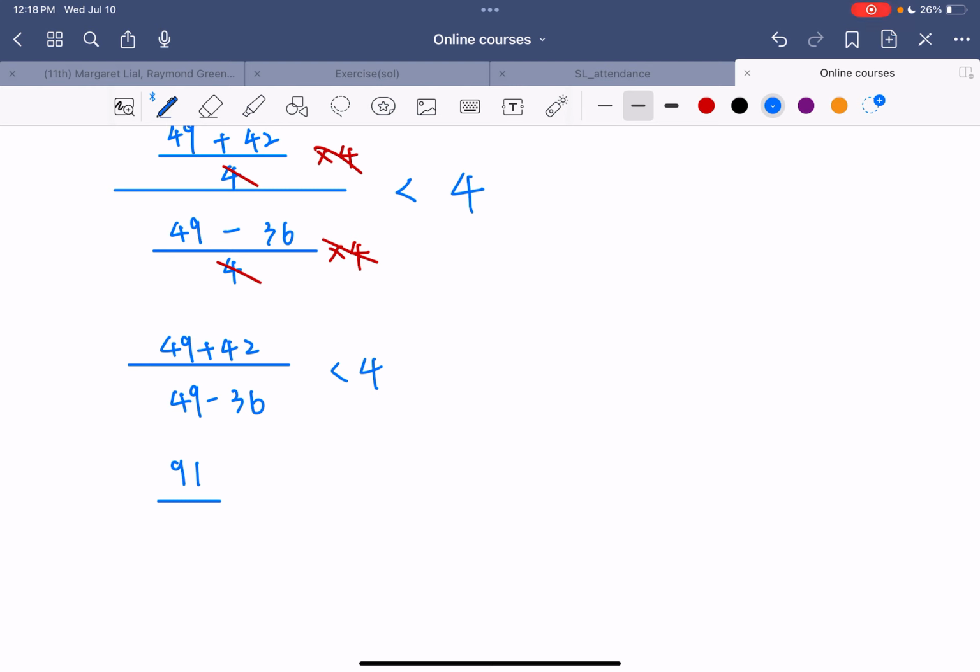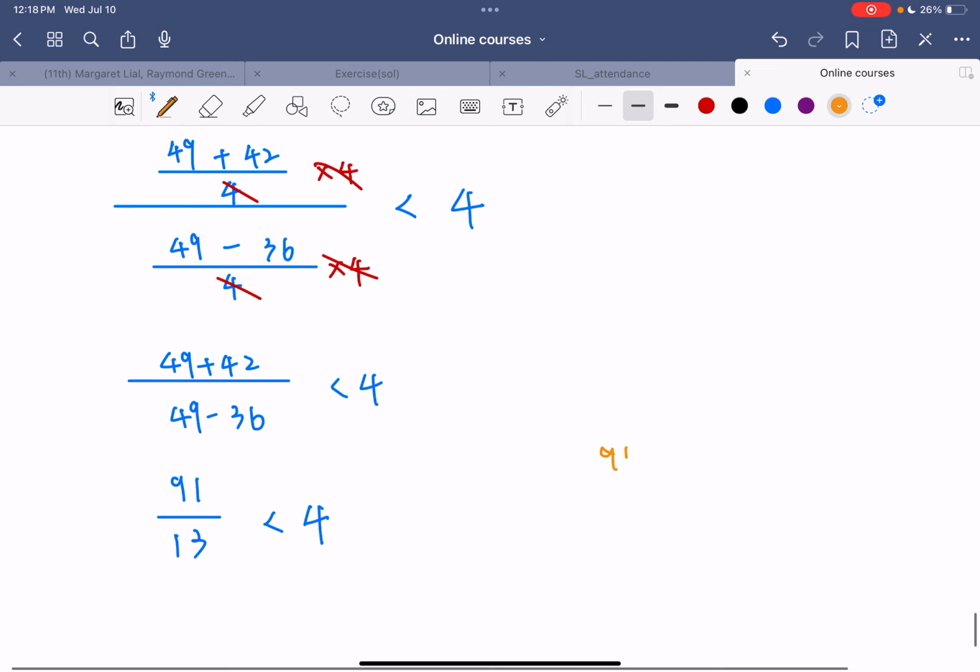what is this? 13. And then we have to see if 91 divided by 13 is less than 4. So let's see. I think it's like 7.